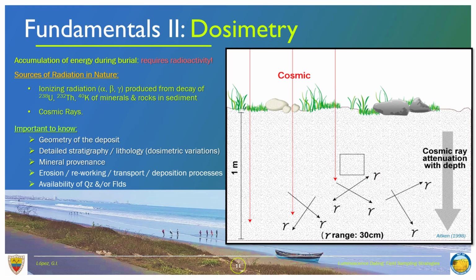The geometry of the deposit is also crucial because we're going to see later on that it influences which areas are better in terms of effective bleaching and which areas are worse. Erosion, reworking, transfer, and deposition processes are also key to understand because they're also going to have an effect on your dosimetry. And obviously, whether or not in the sediment you have quartz or feldspar is key, because if you don't have these minerals, obviously you won't be able to date.